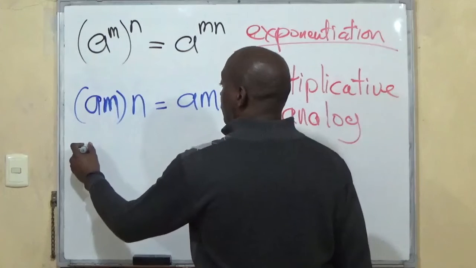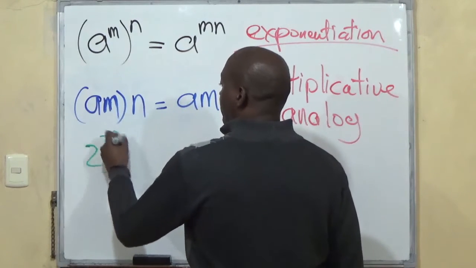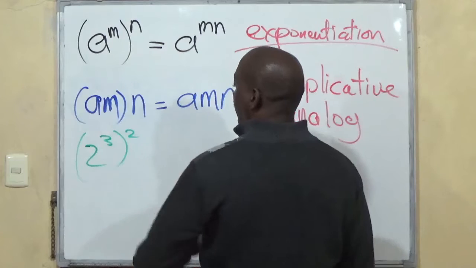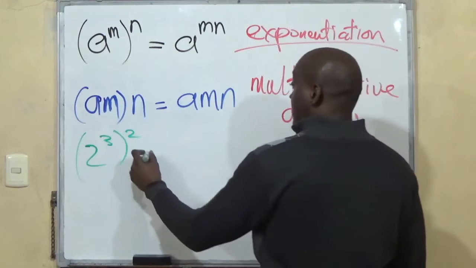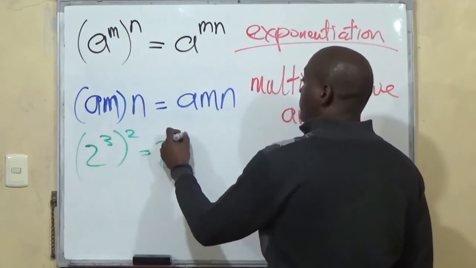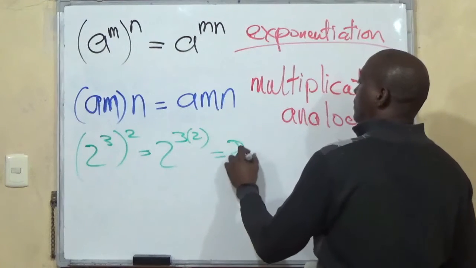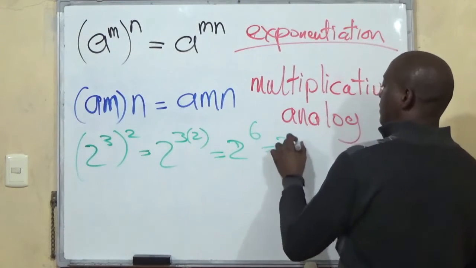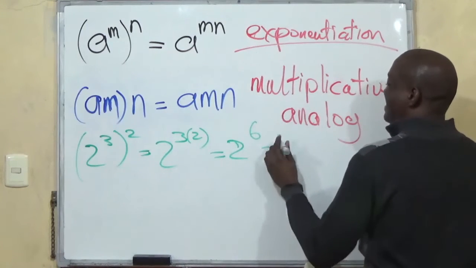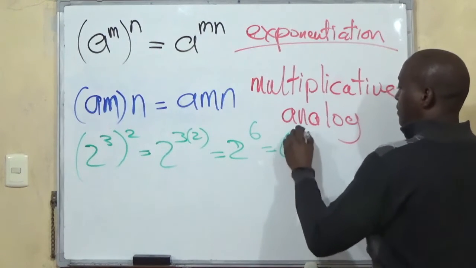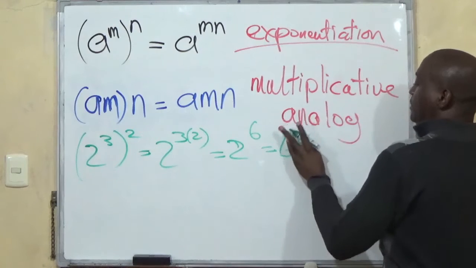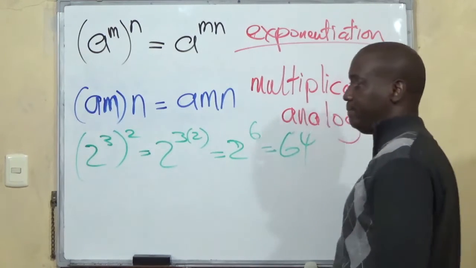If I say 2 to the power of 3 in brackets squared, that is 2 to the power of 3 multiplied by 2, that is equal to 2 to the power of 6, that is equal to 64. Alright? 2 to the power of 6 is equal to 64.